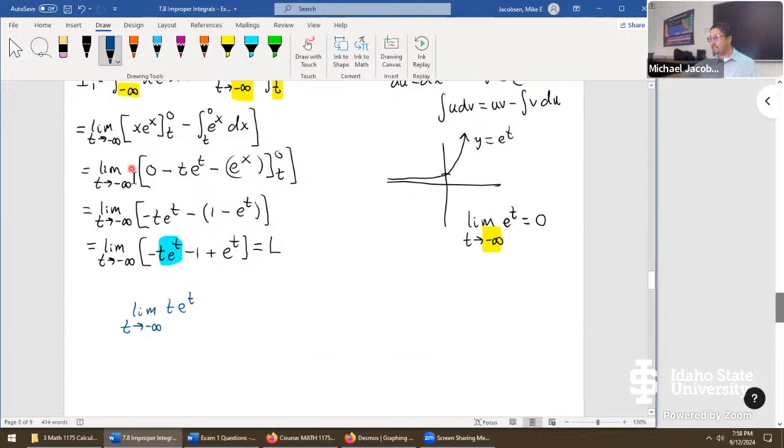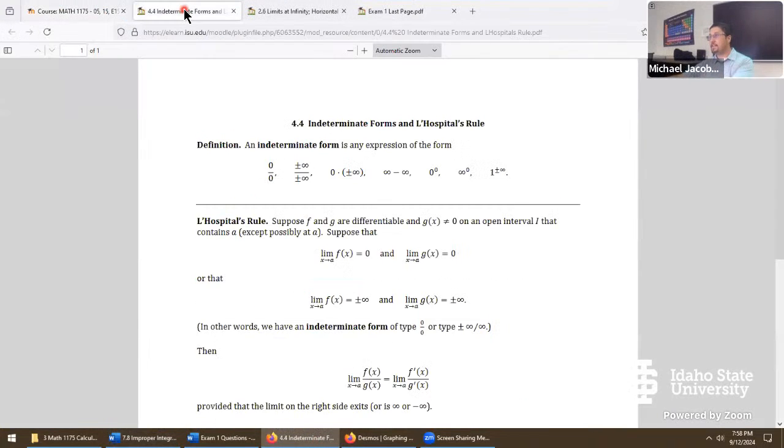First, let's take an analysis on this. What happens to t as t goes to negative infinity? That goes to negative infinity. What happens to e to the t as you go to negative infinity? That goes to 0. Negative infinity times 0, let's pause there. Next thing you want to look at is your indeterminate forms.